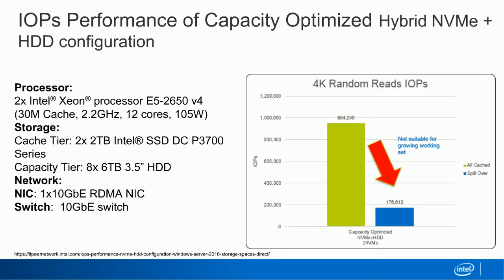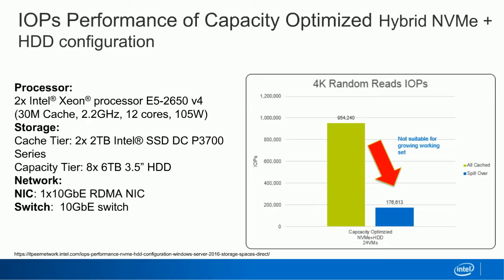Your hard disk now becomes a big bottleneck in the overall system, and there's a huge drop in the performance numbers, right? When the entire working set, or the active working set, is within the caching device, you're looking at around 950K IOPS, right?